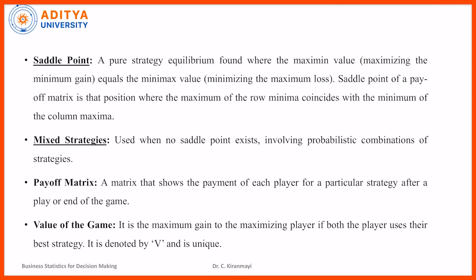Okay. And we also come across another important term in game theory, which is called saddle point. When this saddle point comes into picture, we also have saddle point and mixed strategies. The players can use 2 types of strategies, pure strategy and mixed strategy.